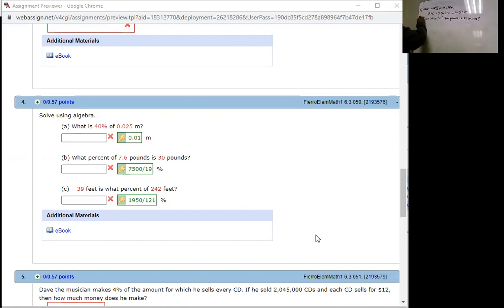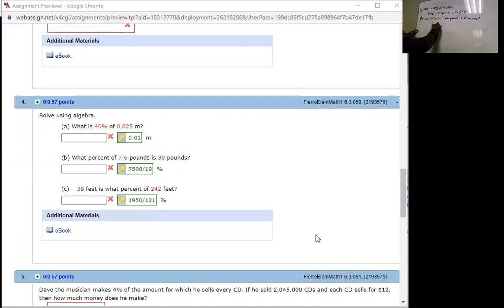That's A, this is B. In this case here, we're gonna say what percent, you can say P over 100, because P percent means that over 100.